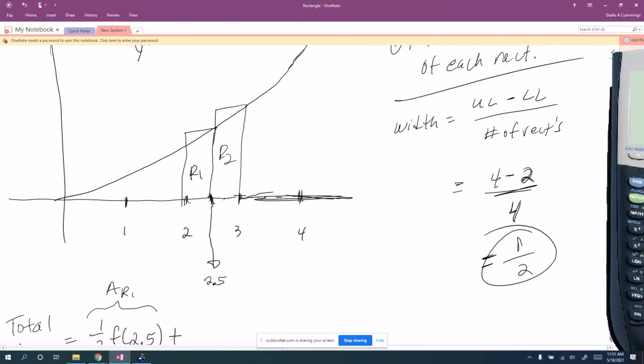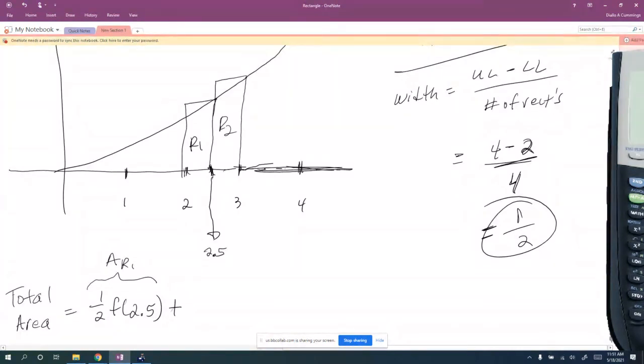So this is rectangle 2. So for the area of rectangle 2, we have the length, which is 1/2, times the height, which is f of 3.